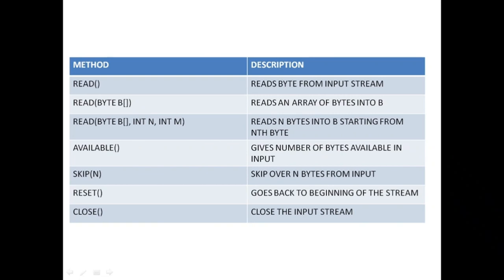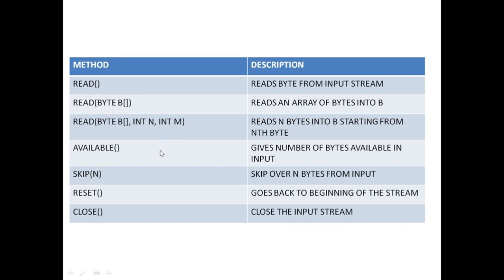So you can choose from which byte you actually want to read the data. There must be a mistake here, instead of n, you can correct this, this must be m. So it reads m bytes into the B array starting from the nth byte. So you can choose how many bytes, and from which byte you want to read your data.